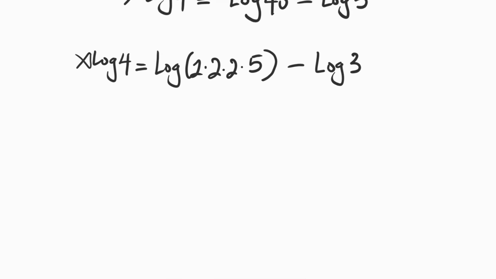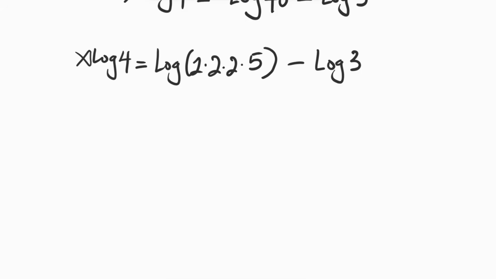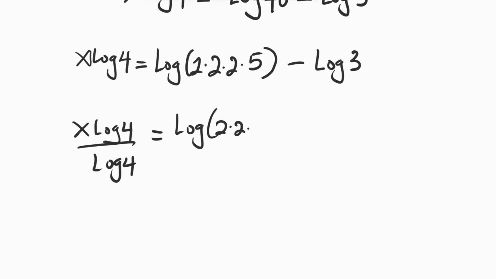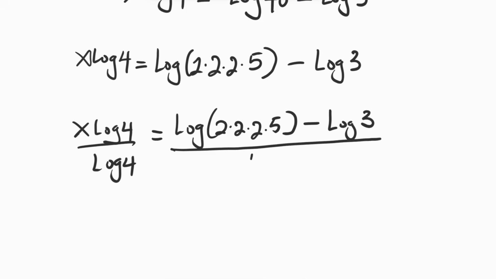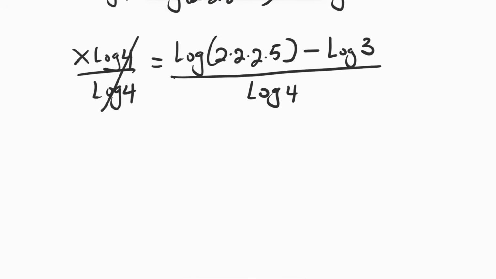Okay? So now we have x log 4 equals log of 2 times 2 times 2 times 5 minus log 3. And we also know that 4 is the same thing as 2 squared. So first of all, we're going to divide through by log 4. And so we have x log 4 equals log 2 times 2 times 2 times 5 minus log 3, all divided by log 4. So on the left hand side, log 4 cancels out.